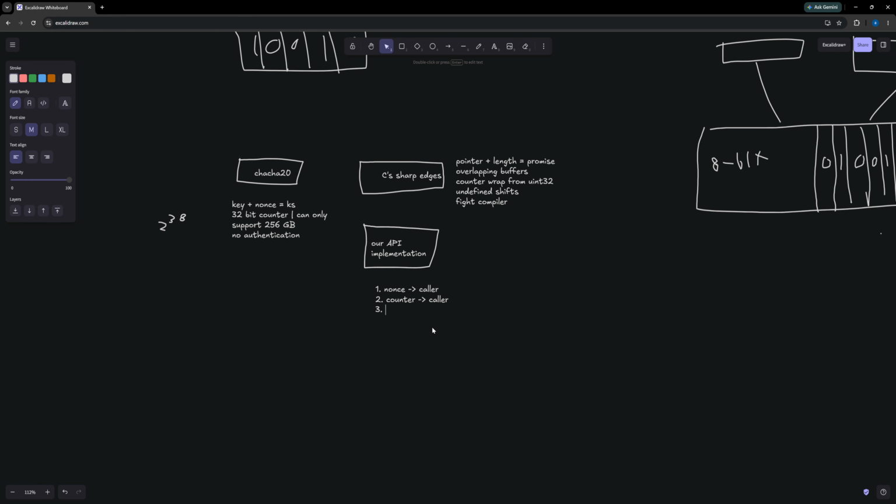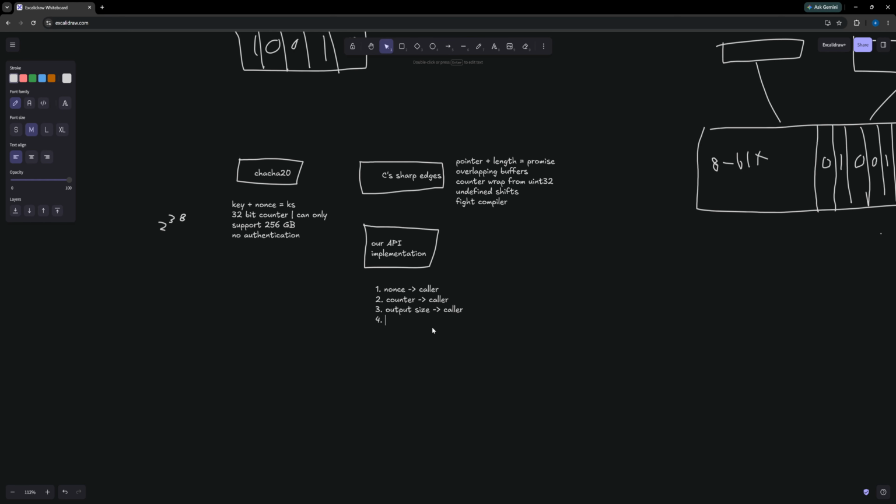The output size is going to be the caller's, because they need to make sure that there is a big enough output buffer for what we're encrypting. If they encrypt 128 bytes of data into a 64 byte buffer, we can't stop them from doing that as a function.